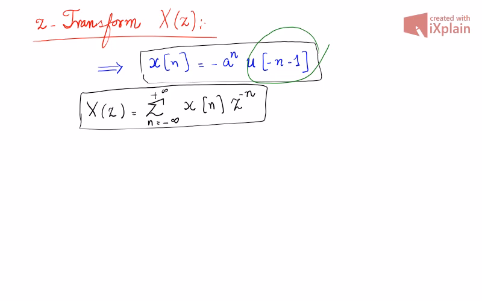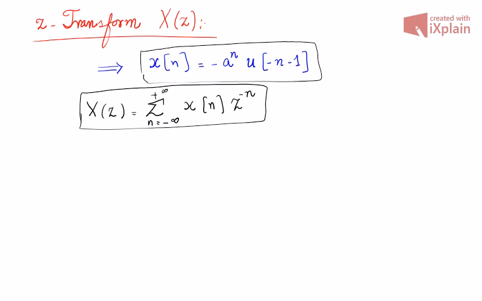Rather, we have to look at the limits, because the limits of n, which is from minus infinity to plus infinity, will be modified by this u of n minus 1. So let's try to find out this u of n minus 1 first, so that we can modify our limits according to the unit step function, which is the shifted and inverted version of the unit step sequence.